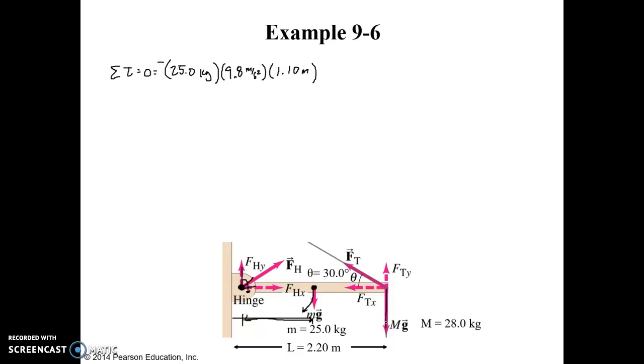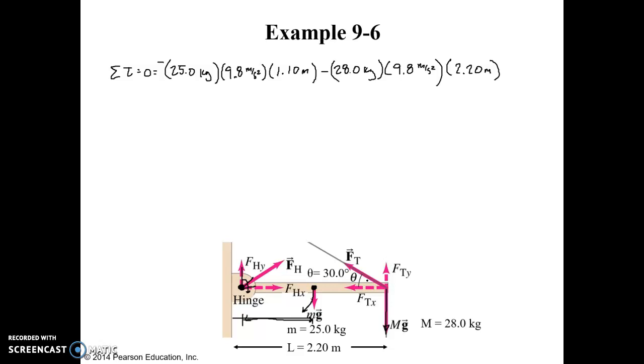And then let's see what else. We have the weight of the sign out here on the end. That's also going to cause a negative moment. Negative 28.0 kilograms times 9.8 meters per second squared. And its moment arm distance is 2.20 meters. Okay, and what else?